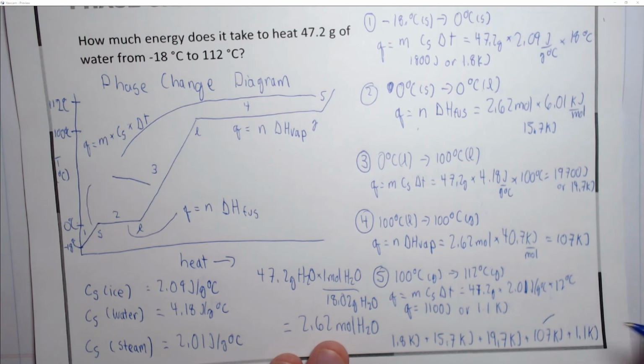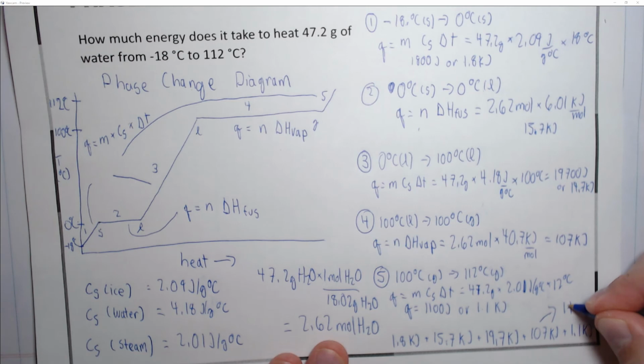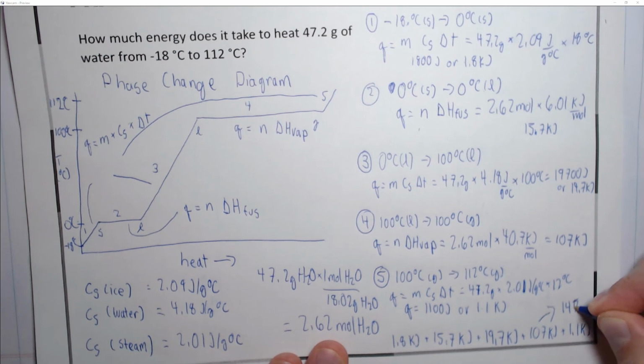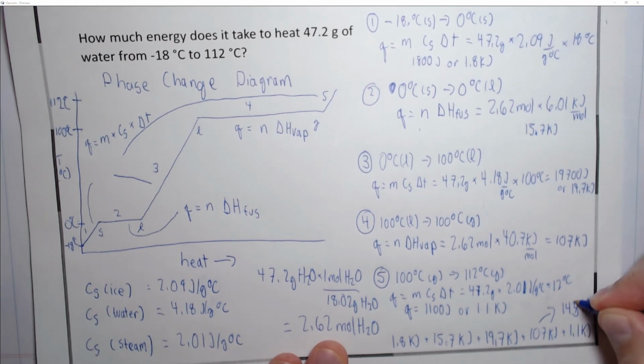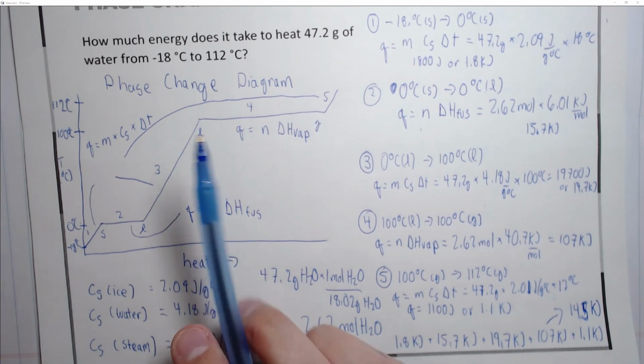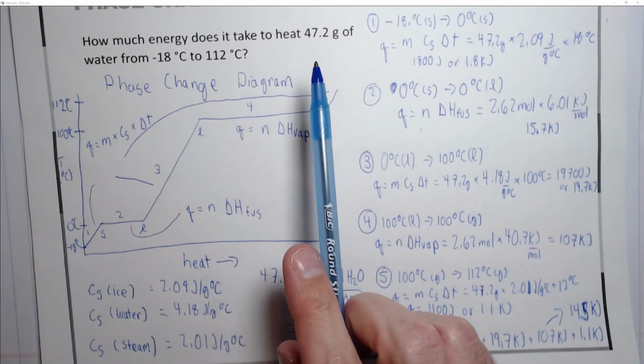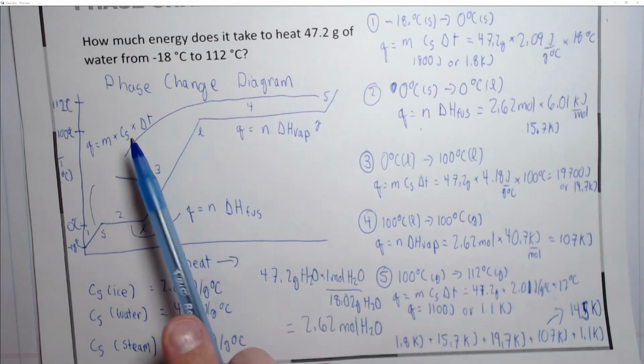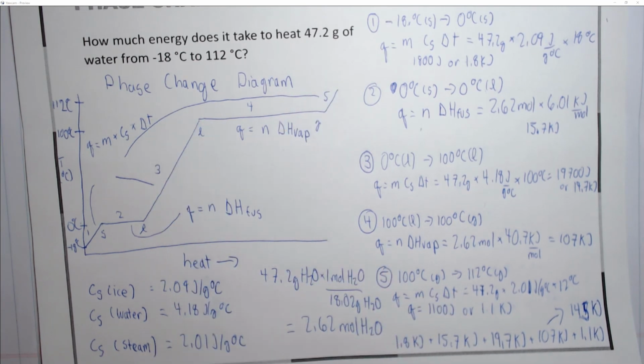And because I've run out of space, I'm going to write it above. When we add those all together, we get 145, that should be a 5, kilojoules. So this is the total amount of energy it requires to heat 47.2 grams of water from -18 to 112.